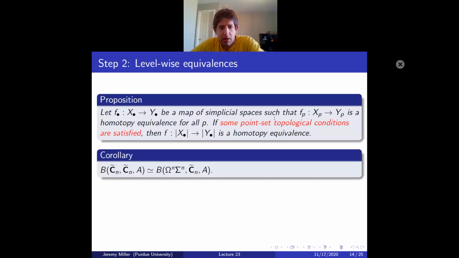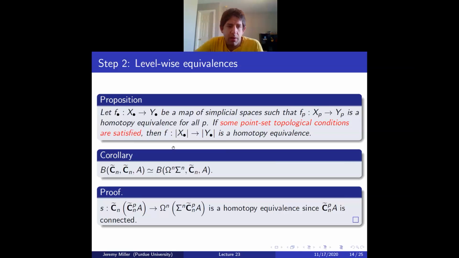And the corollary, let's see, do I have the proof written down? Yeah, the corollary is going to be this step 2, that this free resolution is equivalent to this two-sided bar construction, where on the left we instead plug in loops and suspension n. My parentheses are not in the right place. It'd be better if this one were here.